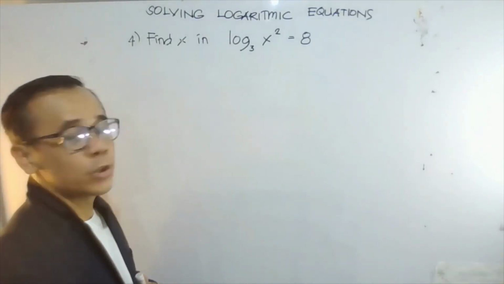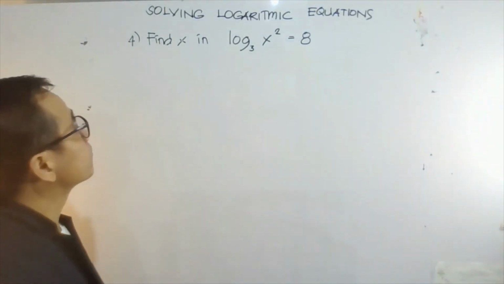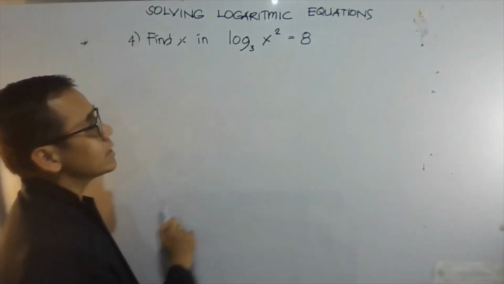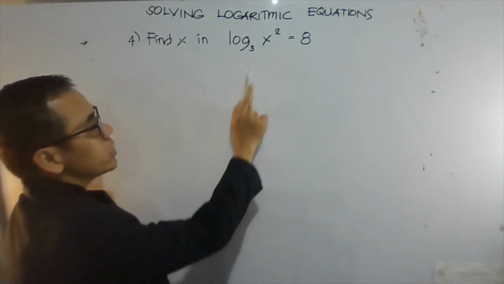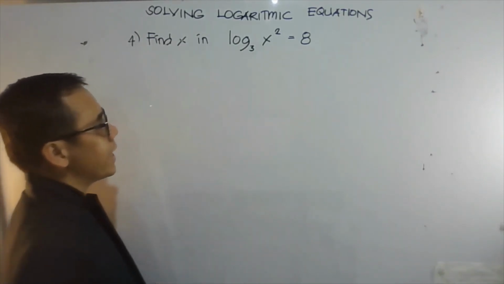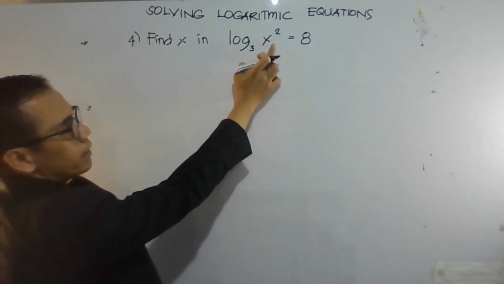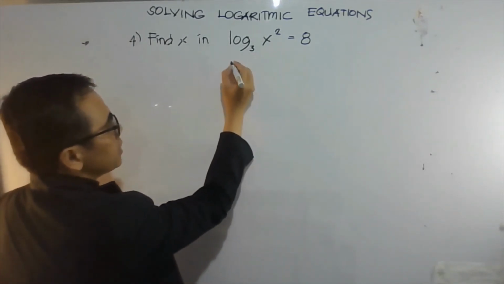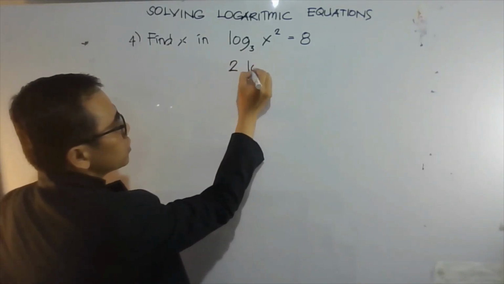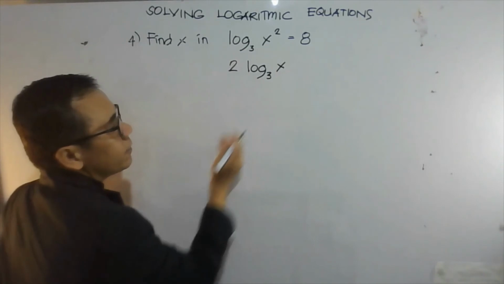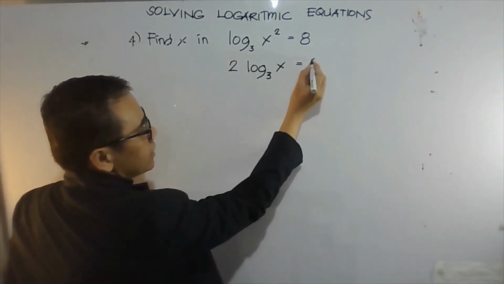We now proceed to example number 4. We are asked to find the value of x in this logarithmic equation, which is log of x squared base 3 equals 8. Applying the power rule, property number 7, this is now equal to 2 log of x base 3 equals 8.